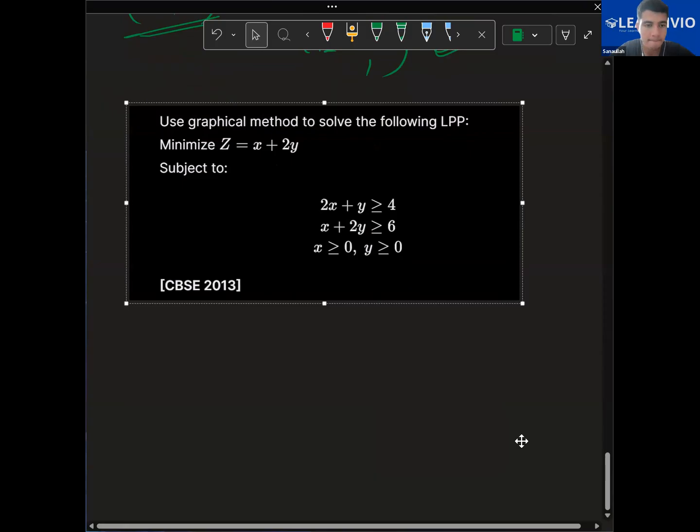LPP is linear programming problem. Minimize z equals x plus 2y. And these are your constraints.